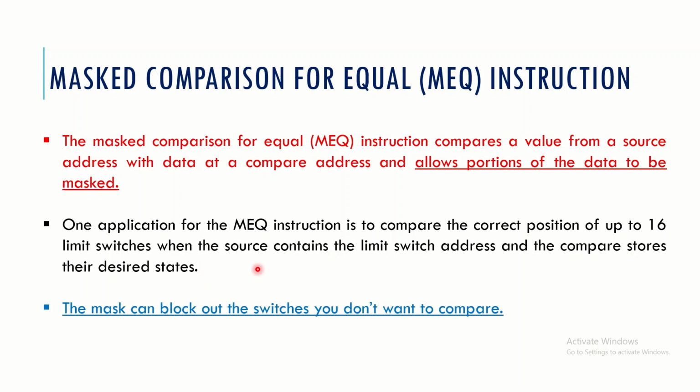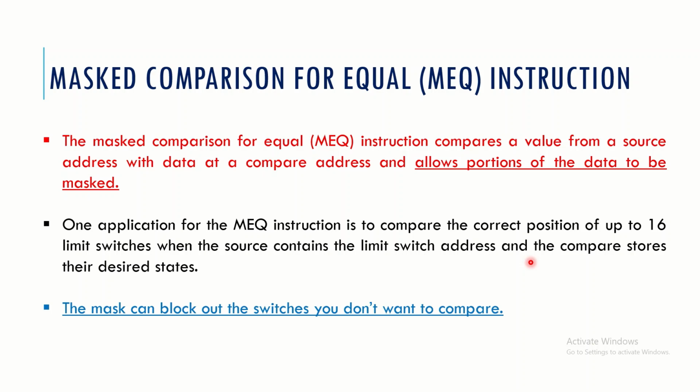Might be the desired state can be 1001 like that. We will put that in the compare statement, and then we will accordingly mask to know which switch has to be on and which switch has to be off in order to get a particular rung true.